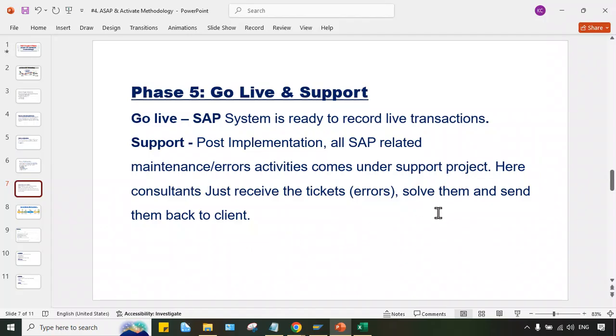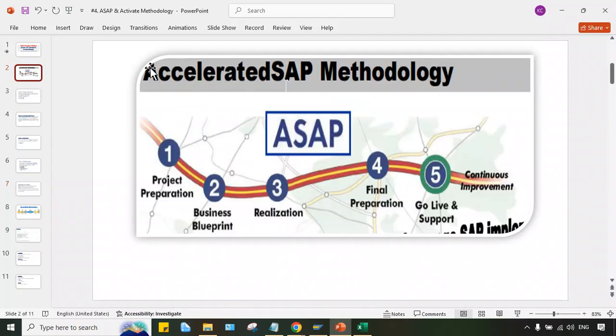You have to solve all these tickets or errors, whatever is there, and send them back to the client. In the sense, you have to inform the client that this error is solved. They will perform the testing, and then they can proceed further. So this is what is happening in support. So these 5 phases are there in ASAP methodology.